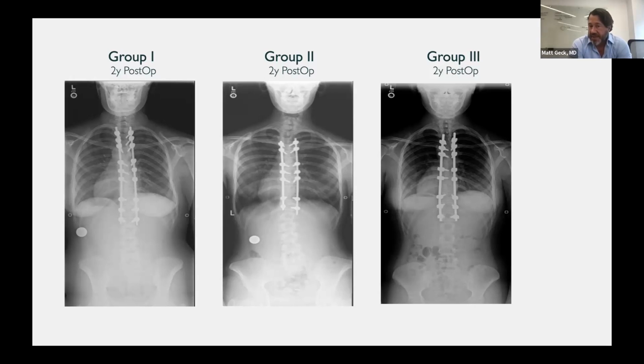That's the only patient I've seen. So you don't see a lot of distal junctional pathology in general unless you're going down to 3 or 4. And I haven't noticed a difference because most Lenke 1s don't have a LIV of L3 or L4. It's usually T12, L1, or L2.